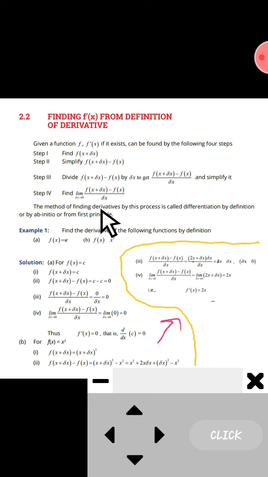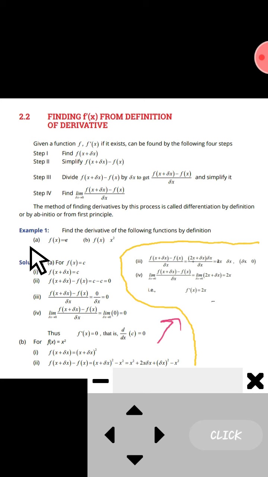The method of finding derivatives by this process is called differentiation by definition, or by ab initio, or from first principle. You may get the question as: find the derivative of the function by using the ab initio method, or first principle method, or by using the definition of the derivative.